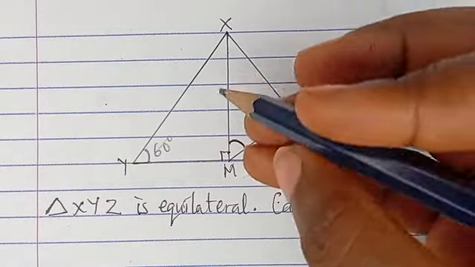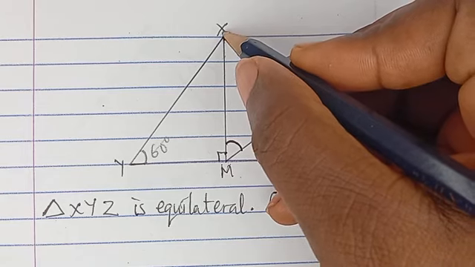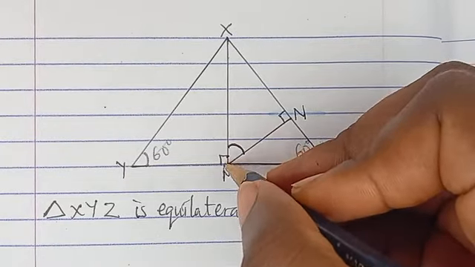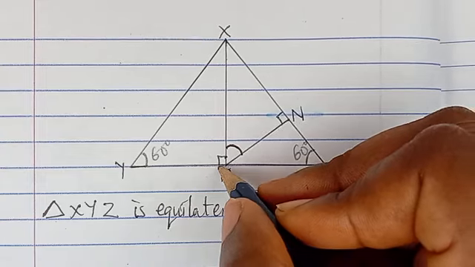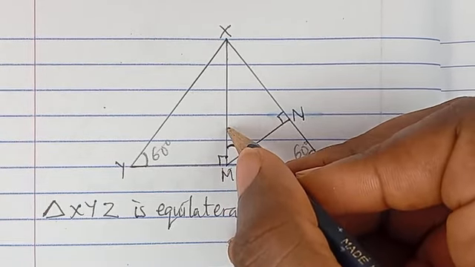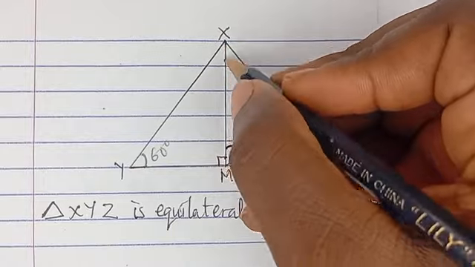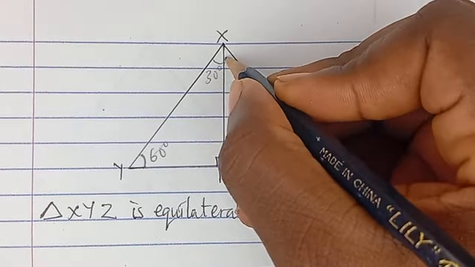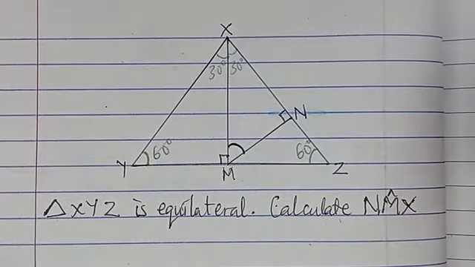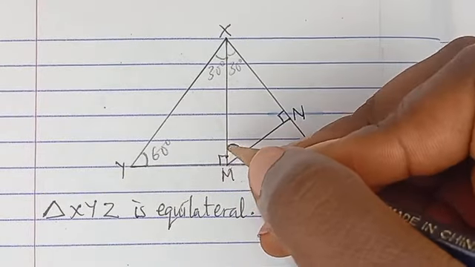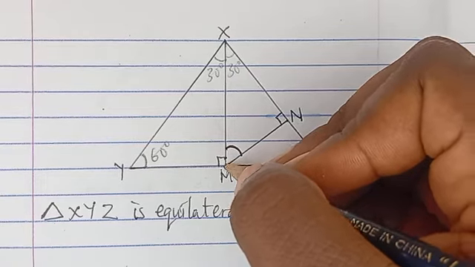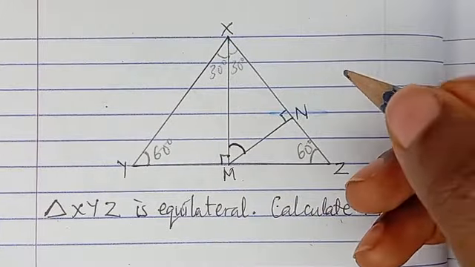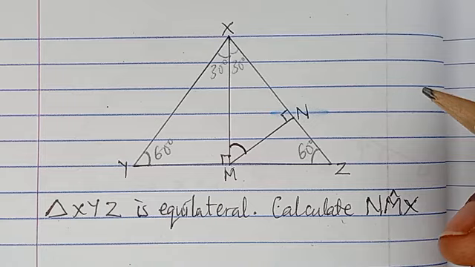So now, seeing that this particular line that comes from this vertex of the triangle meets this side at 90 degrees, that means that this is a bisector of this angle. Therefore, this is 30 degrees and this is 30 degrees, because this line meets this side of the triangle at 90 degrees. Therefore, it bisected this angle over here.